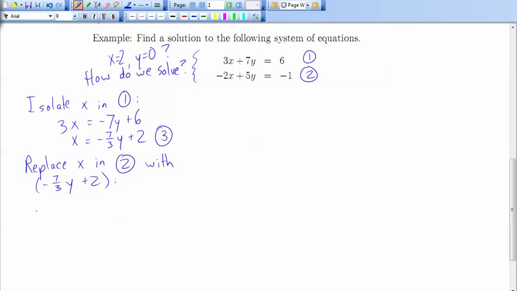I get that negative 2 times negative 7/3 y plus 2, plus 5y, is equal to negative 1. And notice that's an equation that has only y in it right now. So I should be able to find that value of y. Now I'll distribute in the negative 2 there. We'll get 14 over 3 y minus 4 plus 5y is equal to negative 1.